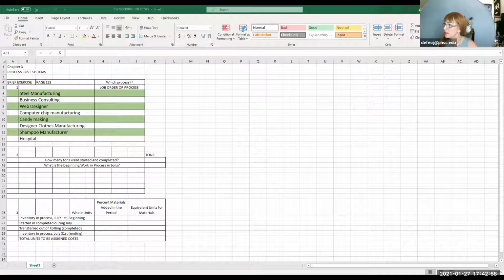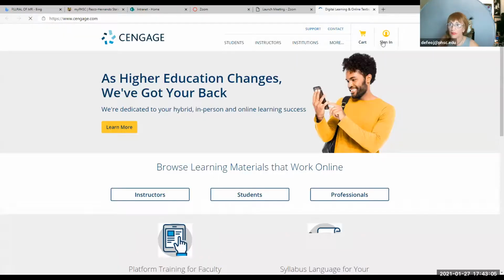We're going to go into Cengage. Now, are we doing our work in Cengage? No. But we use Cengage because they have a lot of good tools. But is it important to go into Cengage? Not really. I sent out the keys or whatever you need to get in there, but hopefully that was helpful to you.